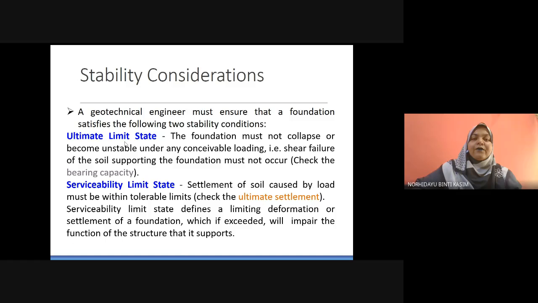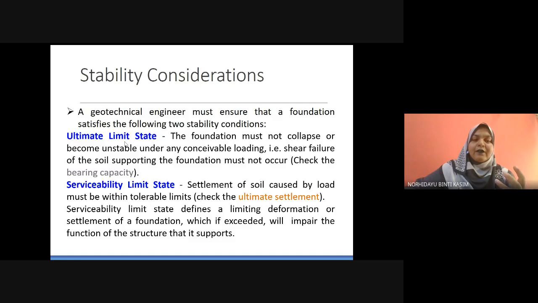If the foundation achieves the ULS, the shear failure or the settlement does not necessarily occur, because you put a factor of safety in the loading when you design.